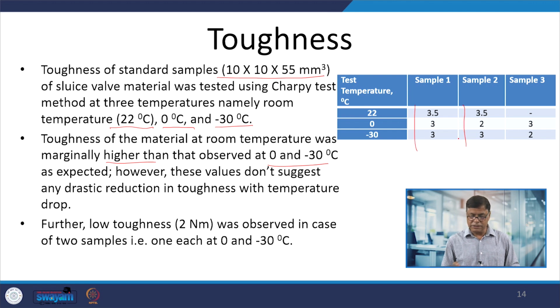So, this shows that no ductile to brittle transition behavior was there, but the values were very low. The minimum value of 2 joule was observed under the low temperature conditions, but this was expected for cast iron.